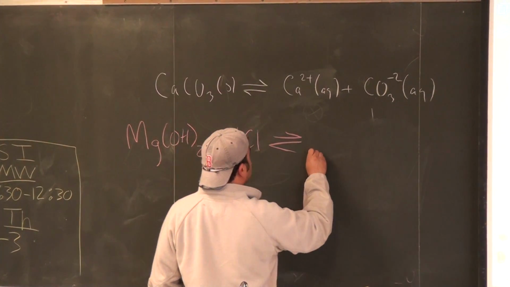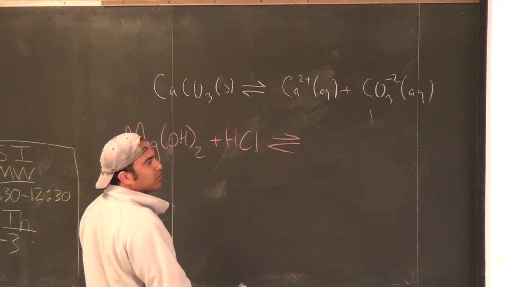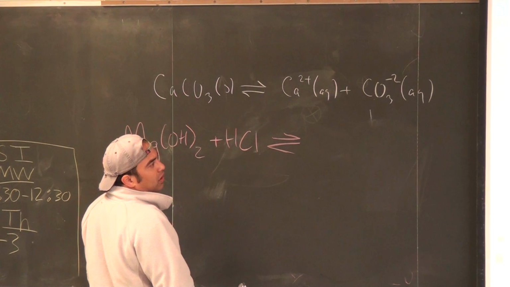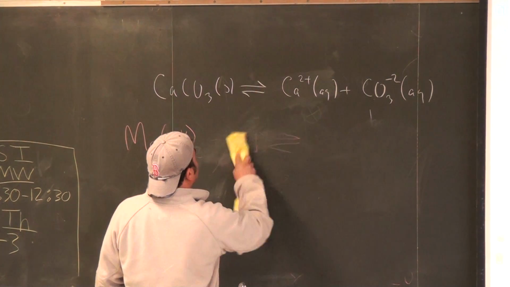Now you're not writing the equation. You're writing the equation for this one. I'm asking you to write the equation for the solubility of magnesium hydroxide in water.